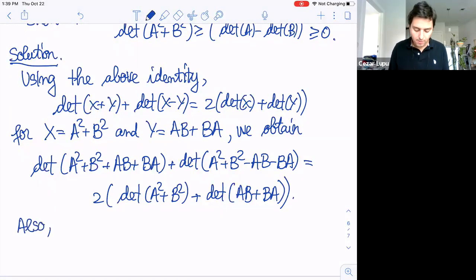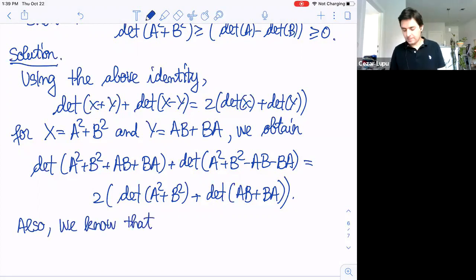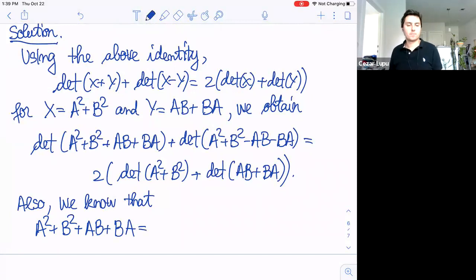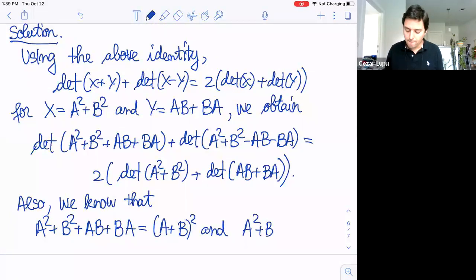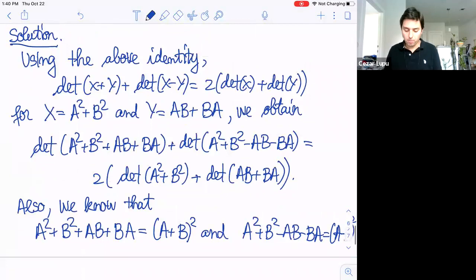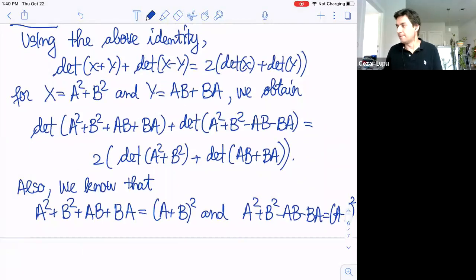Also keep in mind that, who is this guy? A squared plus B squared plus AB plus BA. Can you tell me? Does this ring a bell? This is nothing else than just A plus B, everything squared. And A squared plus B squared minus AB minus BA is nothing else than just A minus B, everything squared. So everything will boil down to this.